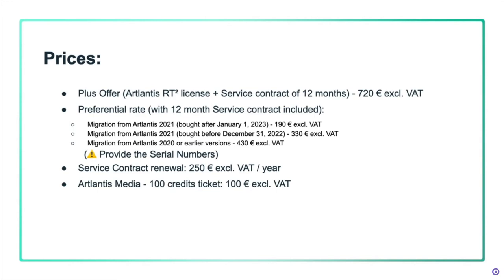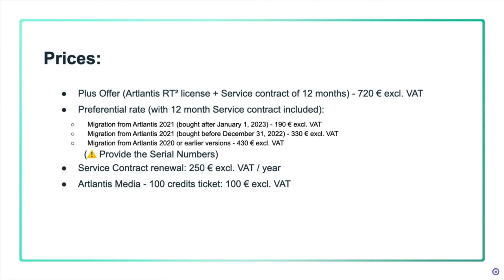Artlantis RT actually brings flexibility. Clients can choose to use it independently or get a preferential rate to use with previous Artlantis versions. For those who acquired Artlantis 2021 in the year 2023, the cost is €190 before tax.